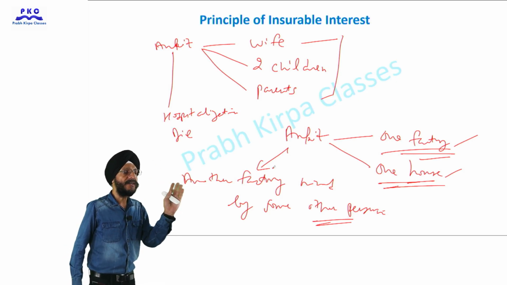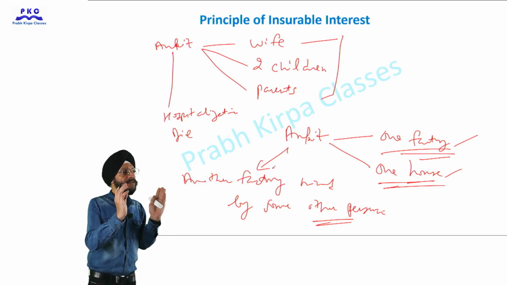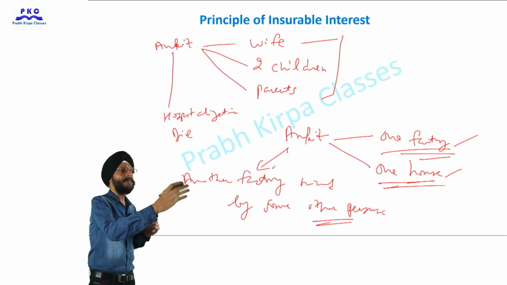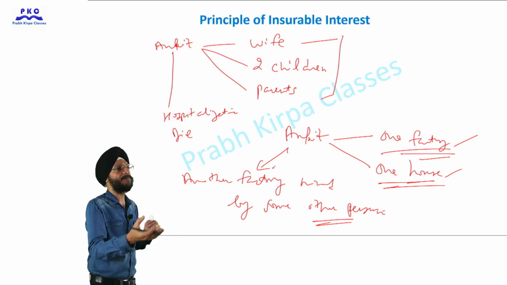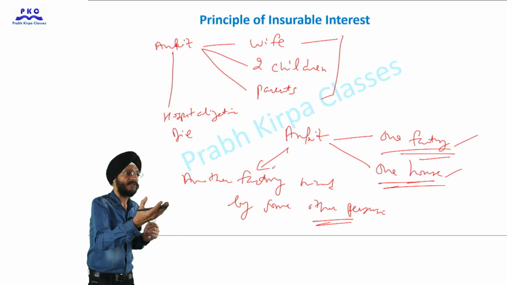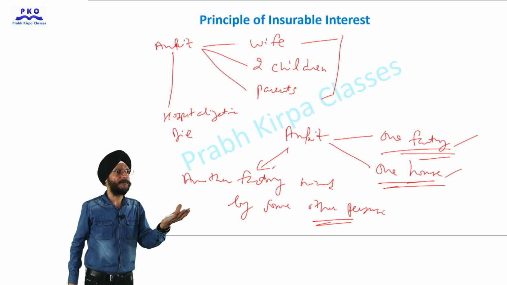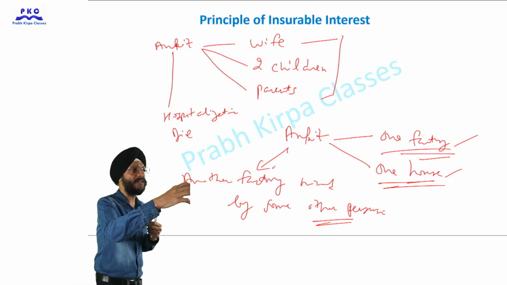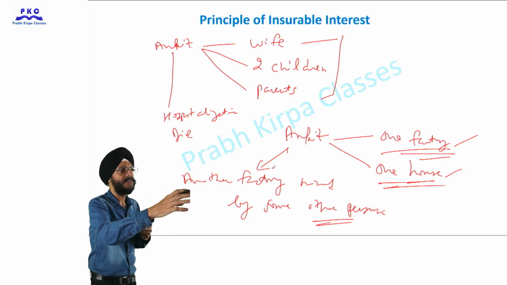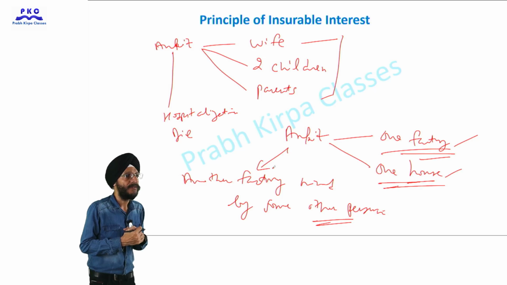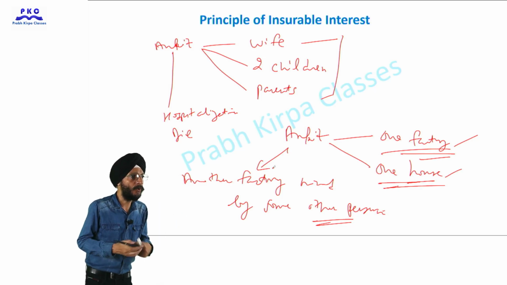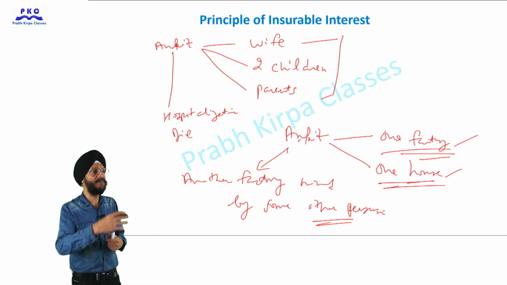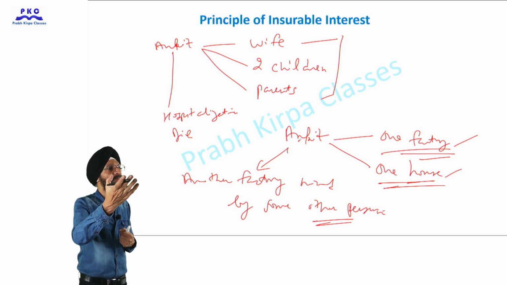No, Ankit will not be concerned with the loss or damage which may have occurred to someone else's property or house, because he will not have to pay for that. He is not financially concerned with that property or emotionally attached to it. He is not the owner of the other property. So Ankit does not have insurable interest in respect of the property or the items which are owned by some other person.